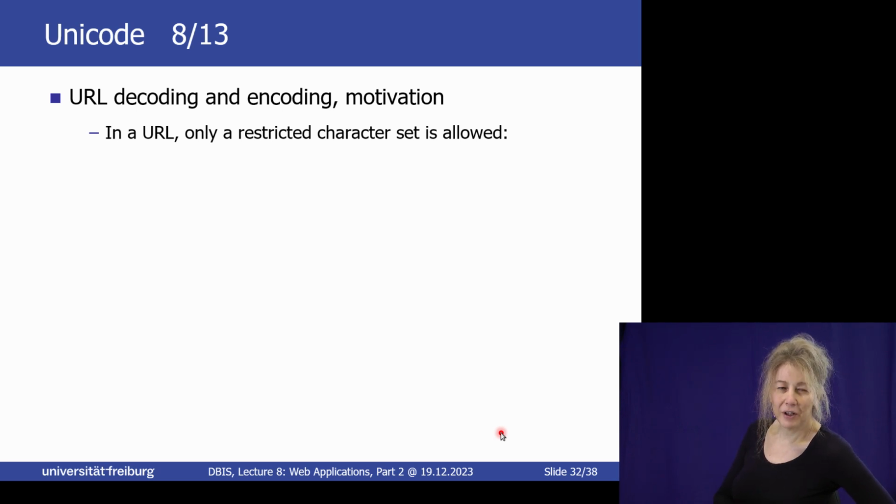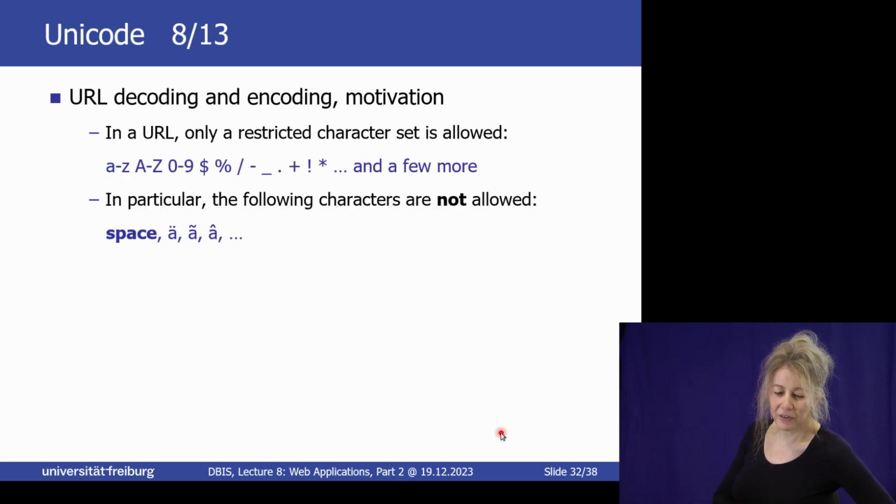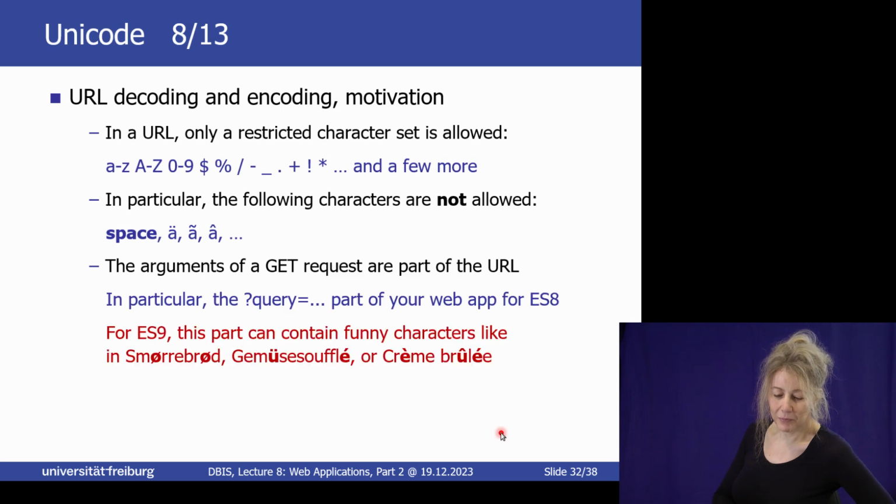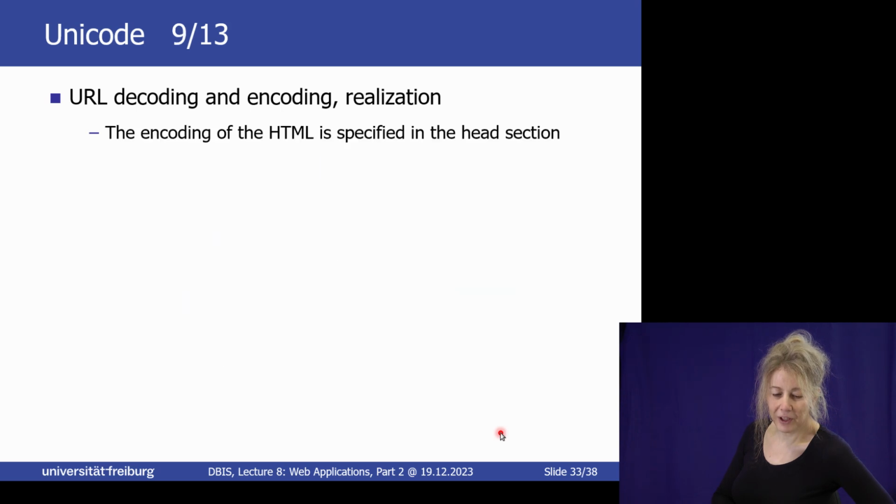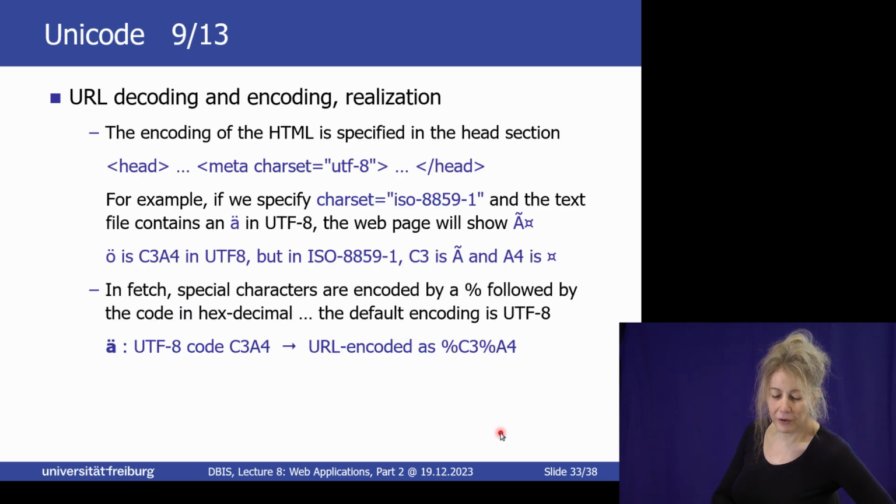Okay, now I think we have to come to an end. In the URL you can't have arbitrary characters, we already saw this, and you just use percent encoding. The percent sign, and here comes the hex code of the number you want to encode.